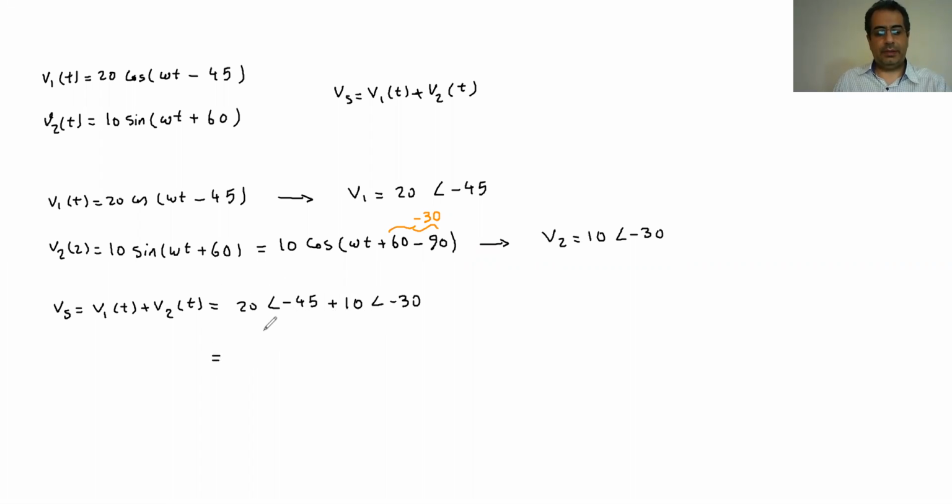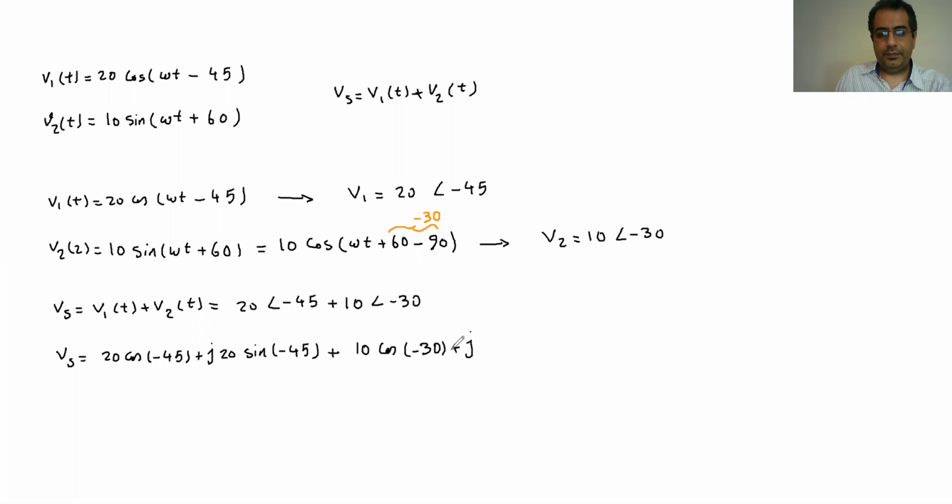I would say to add and subtract the complex numbers, convert them to rectangular format. So it's going to be 20 cosine negative 45 plus j 20 sine negative 45, then plus 10 cosine negative 30 plus j 10 sine negative 30.